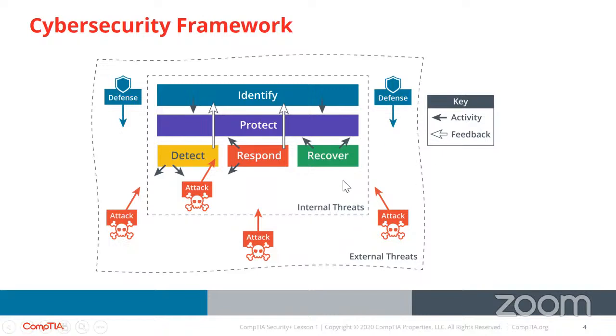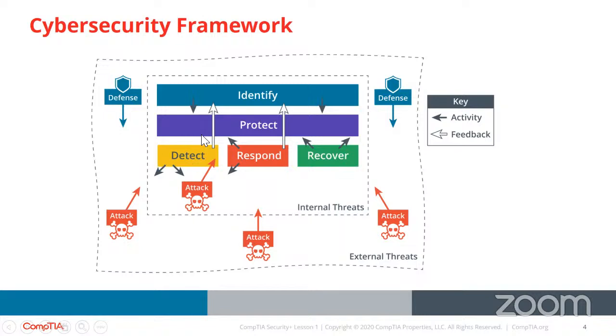Now, if you look at this diagram, it's pointing to the fact that some attacks are from internal. So meaning that some of the employees that are working within the organization are also looking for ways to outsmart the organization. So that's why the point of detection is very important.